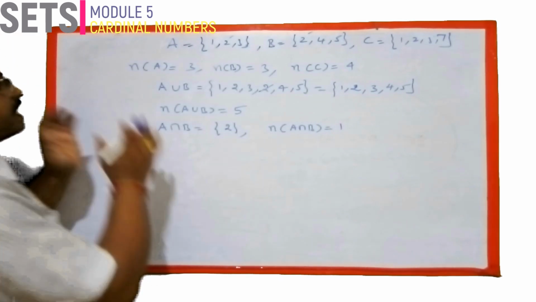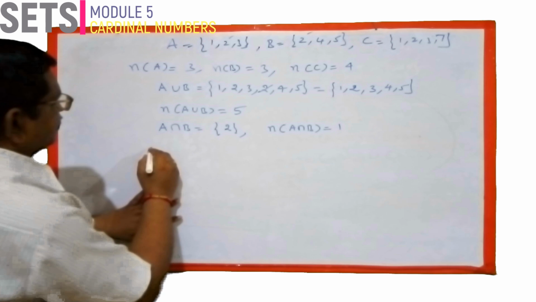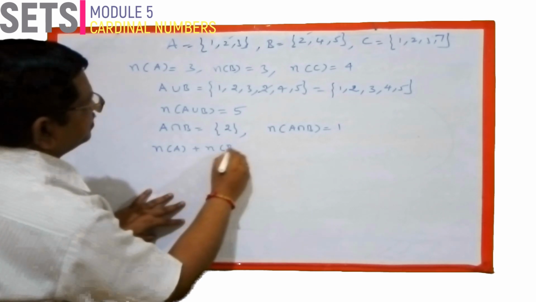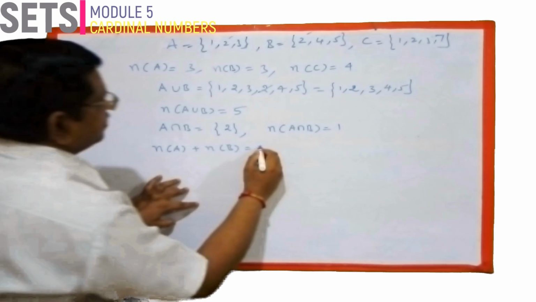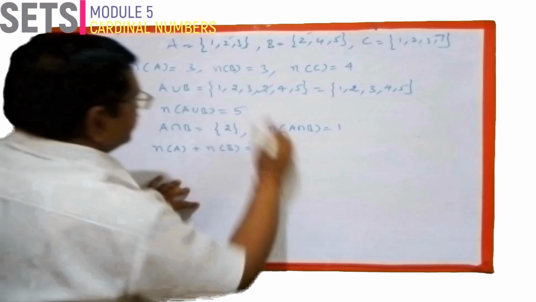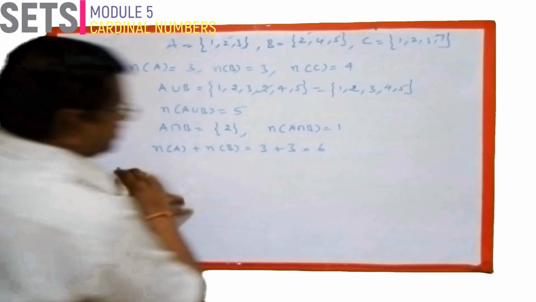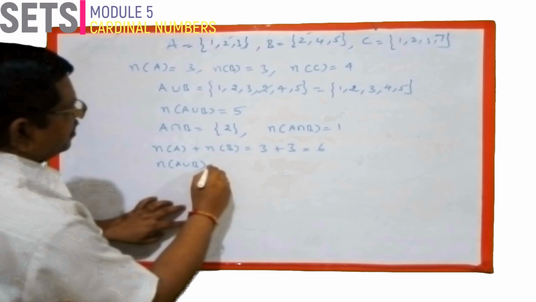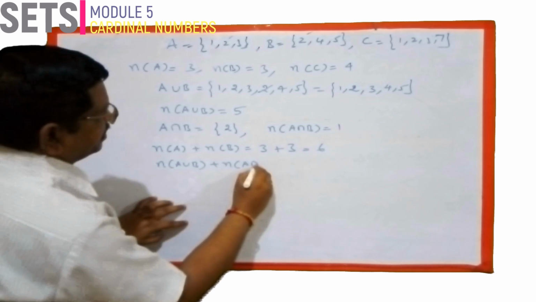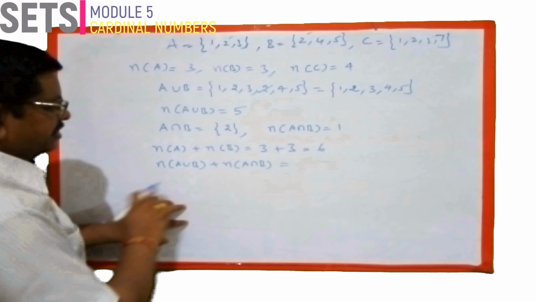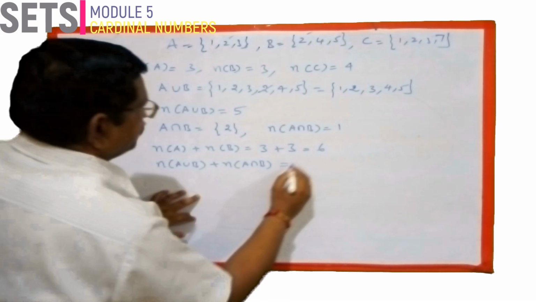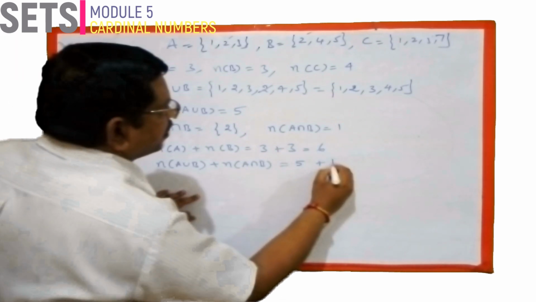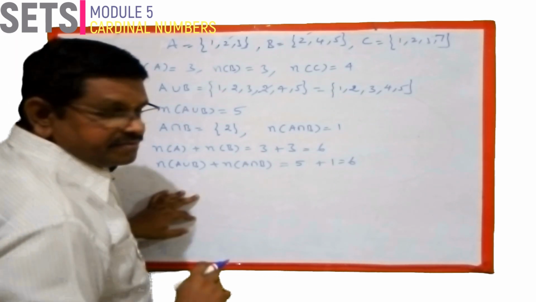Now from the results we have taken, we find n of A plus n of B. n of A is 3, n of B is also 3, total 6. Similarly, n of A union B plus n of A intersection B: n of A union B is 5 plus n of A intersection B is 1, so that is also 6.